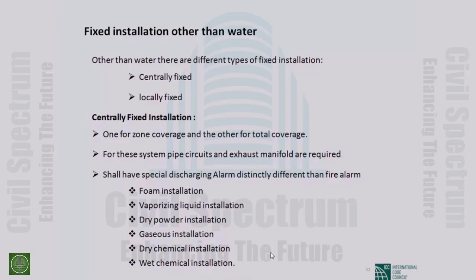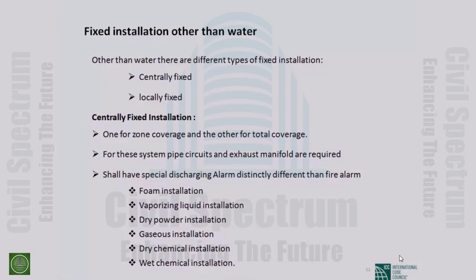And that's all about the hydrant system. Now we have to talk about some other systems which you need to understand for your special design and special requirements, that is, systems other than water. There are different types of fixed installation. This is required particularly for different chemicals, different areas, different occupancies.